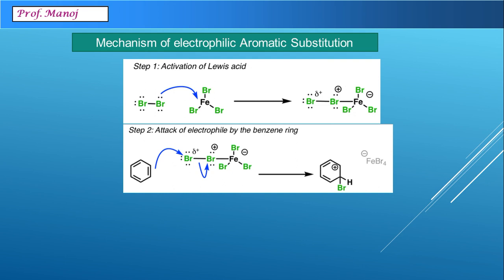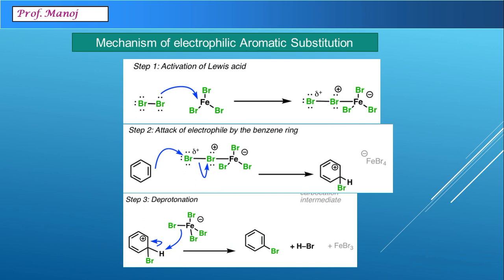This arenium ion is stabilized by resonance. Once again, the FeBr4 anion attacks the hydrogen atom. The hydrogen atom returns the bond to the arenium ion. Bromine forms a complete bond and the byproducts HBr and FeBr3 are created.